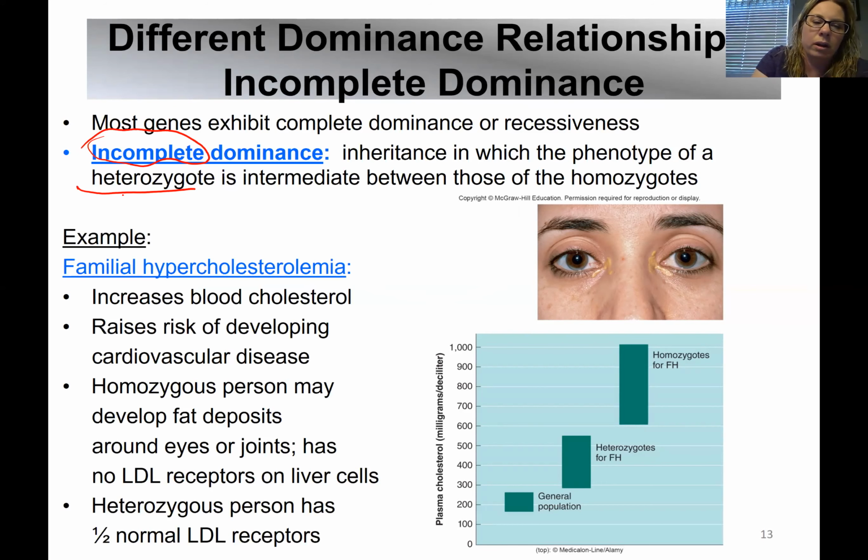HH is completely dominant, but a heterozygote is going to be intermediate between the dominant and recessive alleles. An example that we use in general biology is if you take a white flower and cross it with a red flower, and the gene is incompletely dominant, then you would end up with a pink flower. So it's halfway or intermediate between the dominant and the recessive individuals.